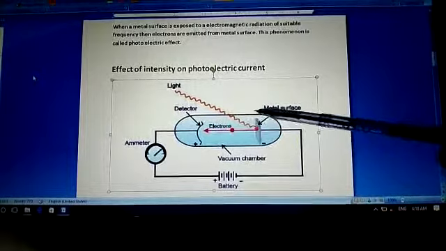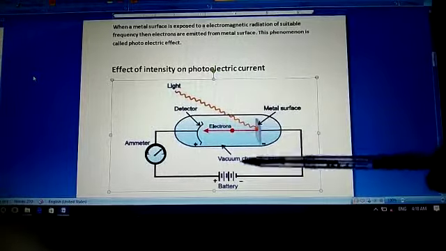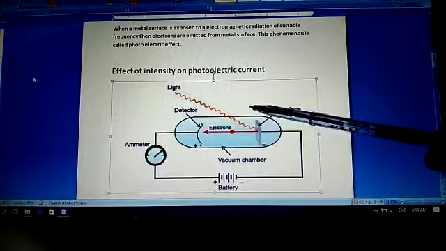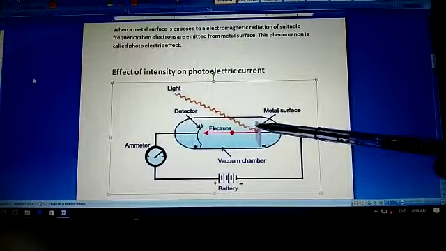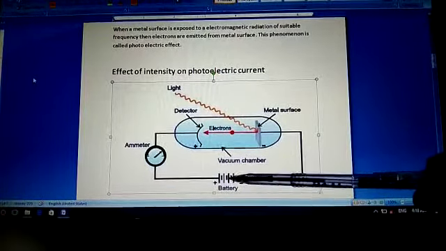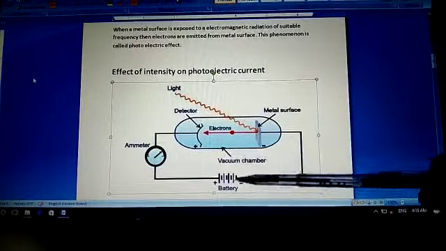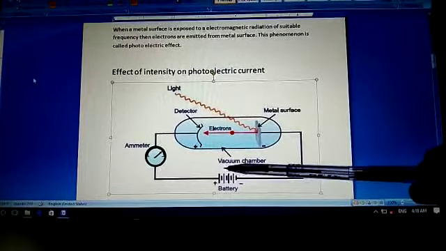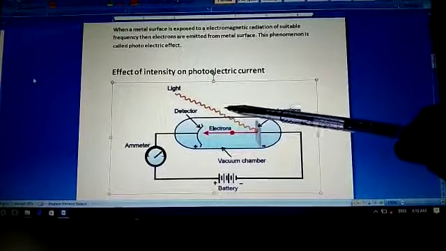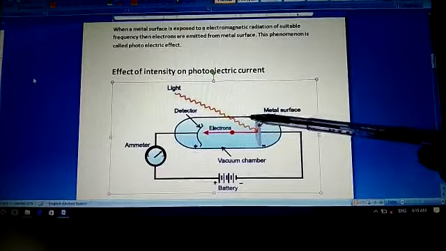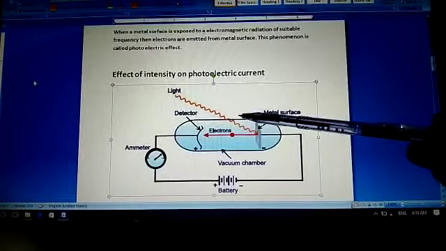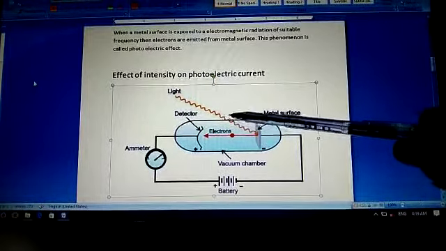Experimentally we find that if we increase the intensity of light while keeping the voltage constant and the frequency of light constant, then the photoelectrons emitted from the metallic surface increase. Whatever voltage we apply, we keep it constant, and we also keep the frequency of the radiation constant, whether red light, X-rays or gamma rays. We just increase the intensity.